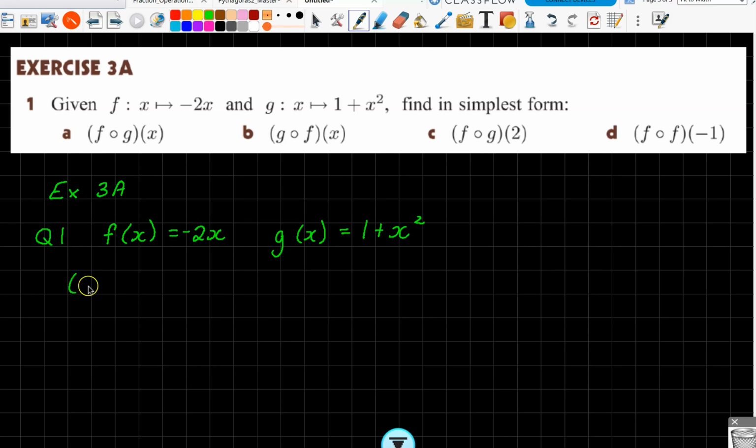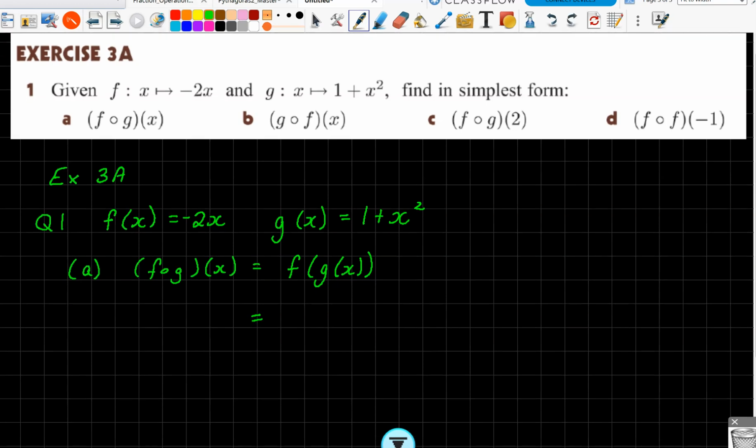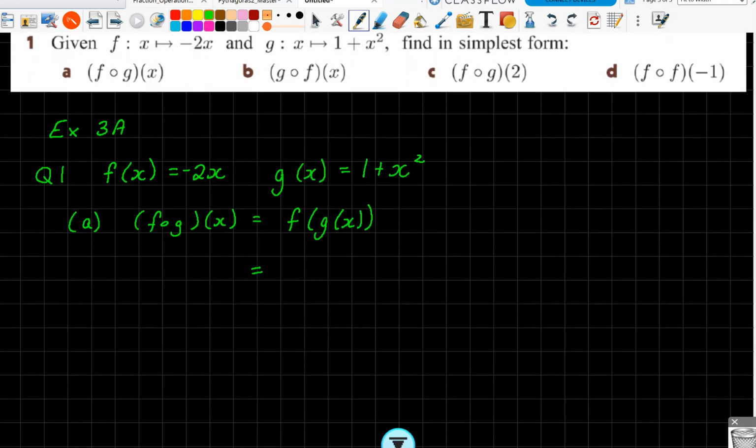Okay, and then for A, f of g of x. We haven't done this for a little while, so I'm a fan of writing in more steps than necessary.